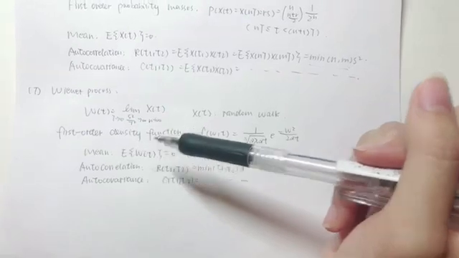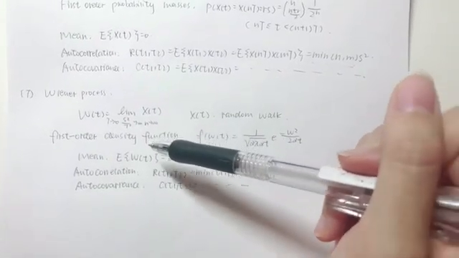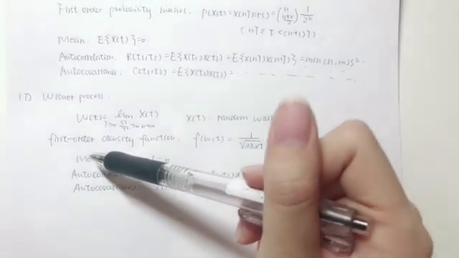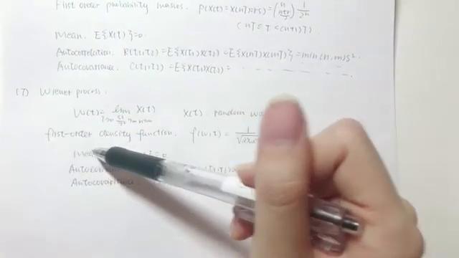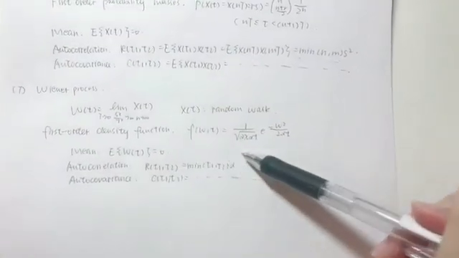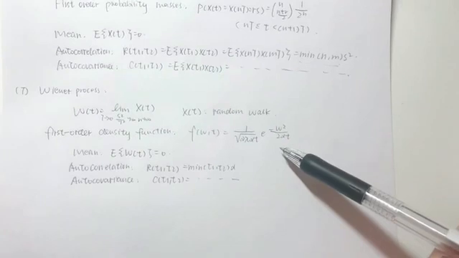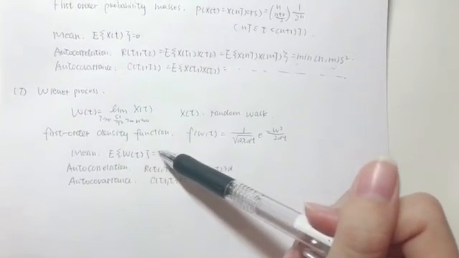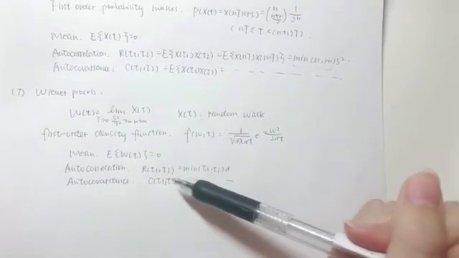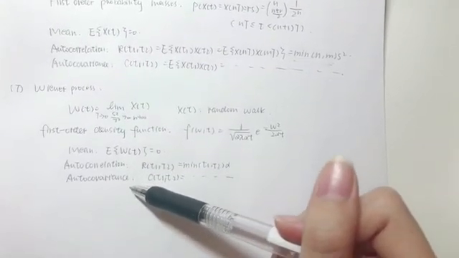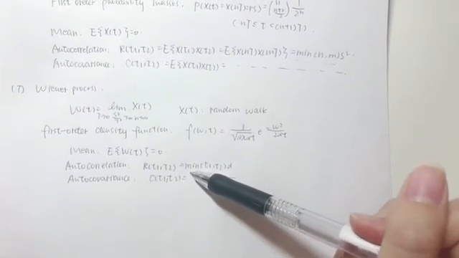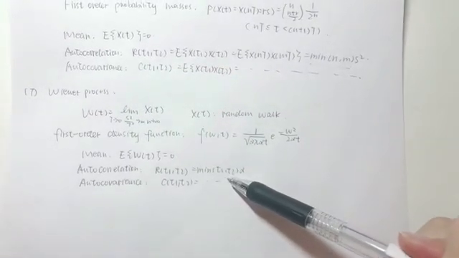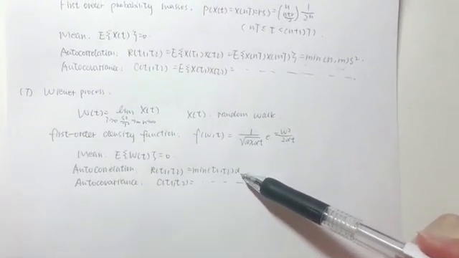When talking about the properties of the Wiener process, we can get the first order density function like this one, and also the expectation of the Wiener process is 0, and the autocorrelation and the autocovariance are the same, both the minimum of t1 and t2 multiplied by alpha.